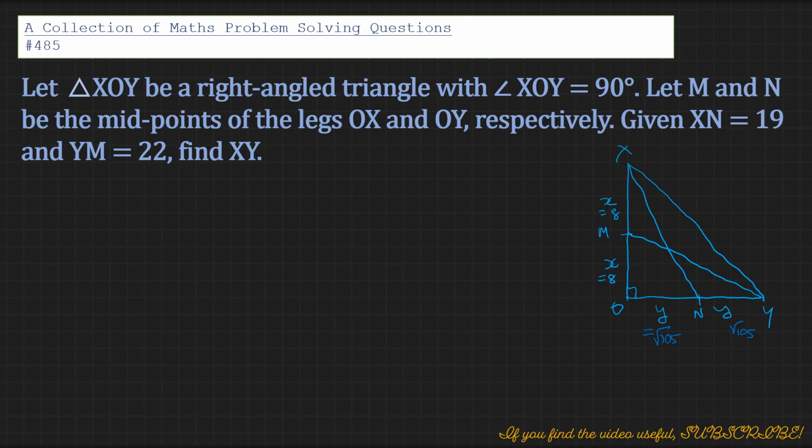So what we get is OX square plus OY square equals XY square, all that by Pythagoras theorem.